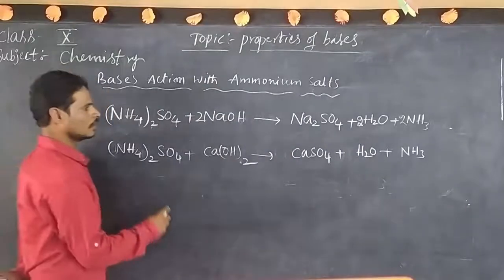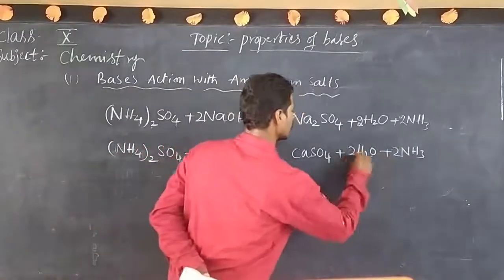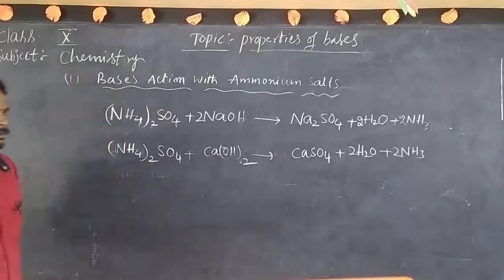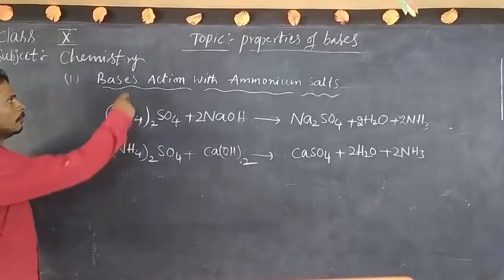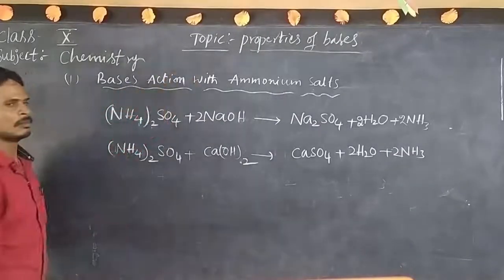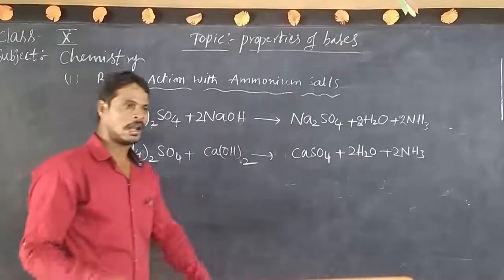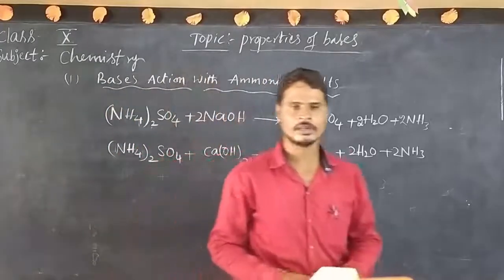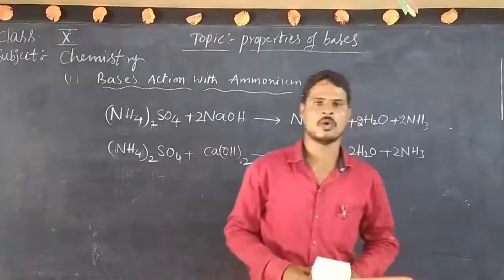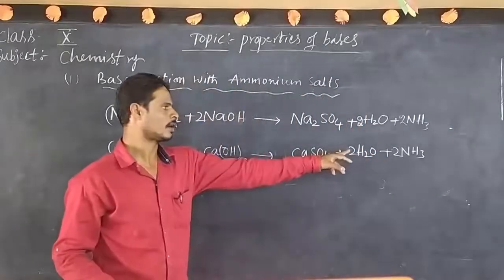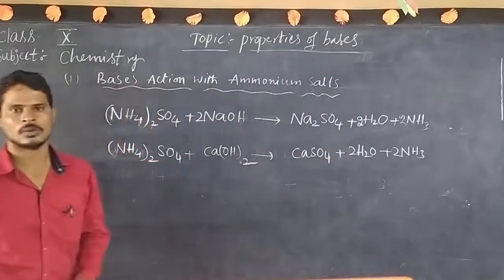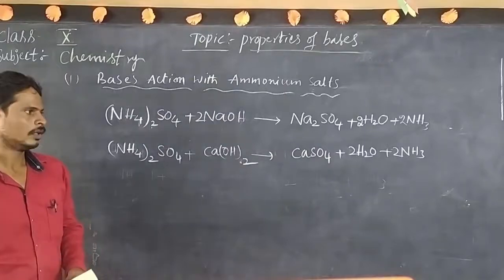Here hydrogen 10, this side 10. All is balanced. So this is the bases' action with the ammonium salts. All ammonium salts react with the bases to form salt, water, and liberation of an ammonia molecule.